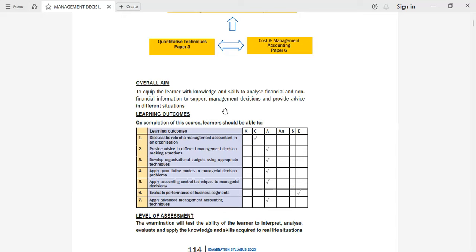So what happens is that there must be a marking guide for someone to follow, to see what the students have done vis-a-vis what has been agreed should have been done by the student, according to what they asked. So the level of assessment is normally done at the point when the paper is being set.